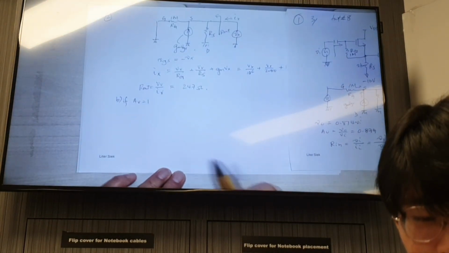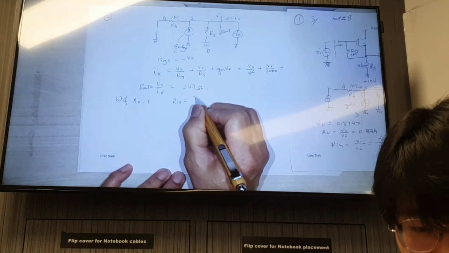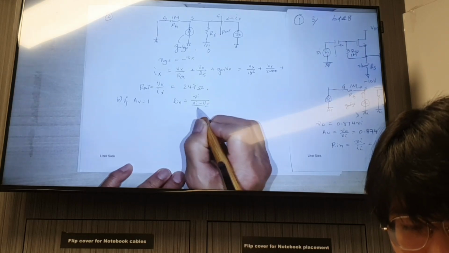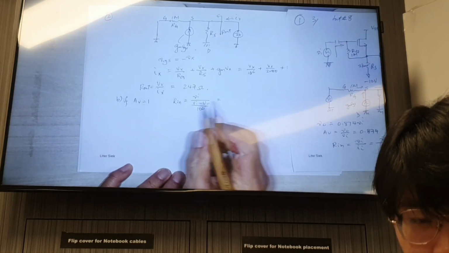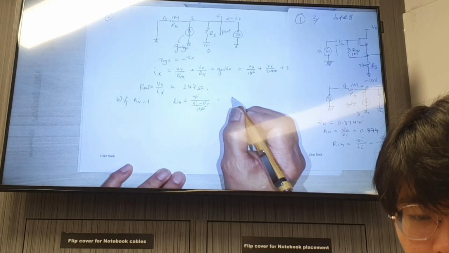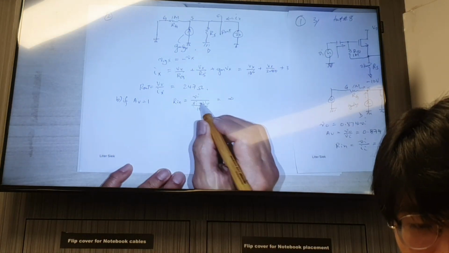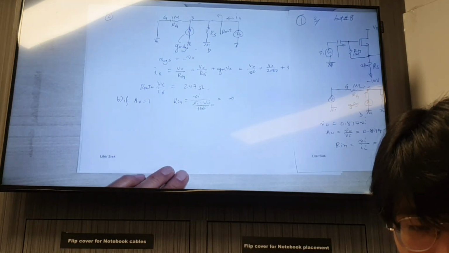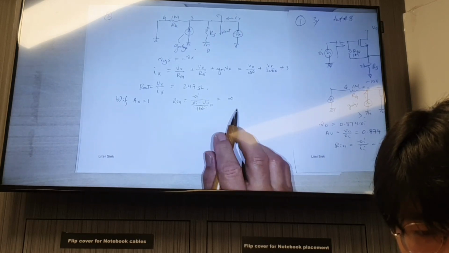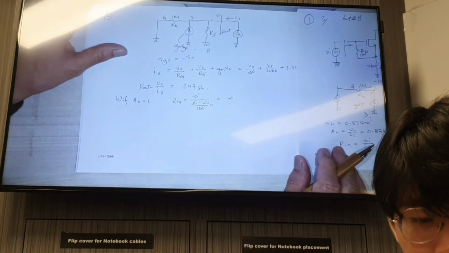So if we look back at Rin, it is equal to Vi over (Vi minus Vout) over 1 meg. If Vi is equal to Vout, then this term becomes infinity, because the bottom is 0. So the denominator is 0, and therefore the input resistance becomes infinite.